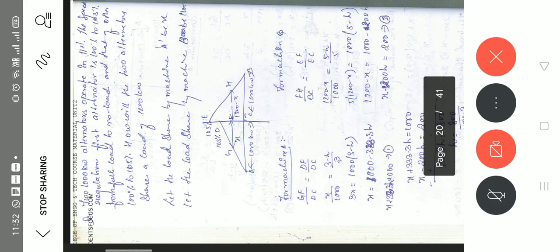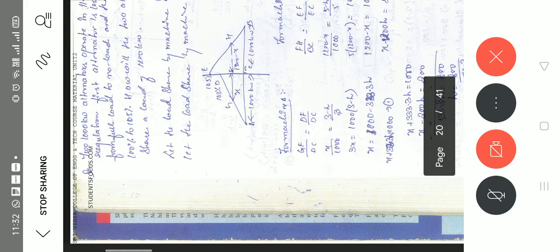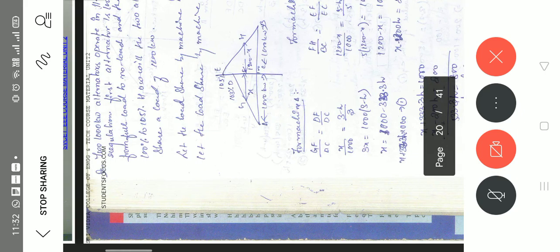From the triangles ACD and GFD, GF by AC is equal to DF by DC.